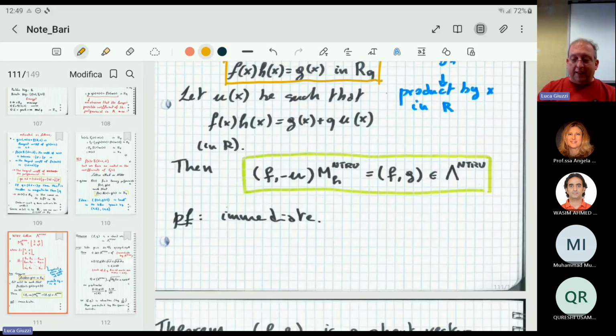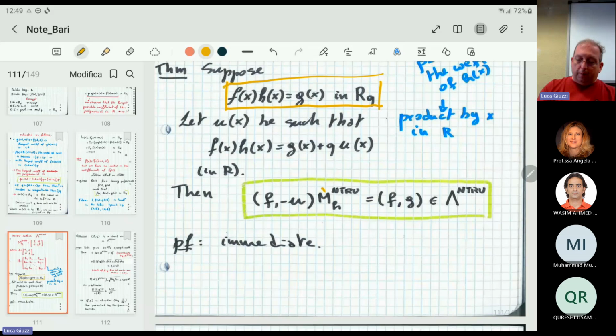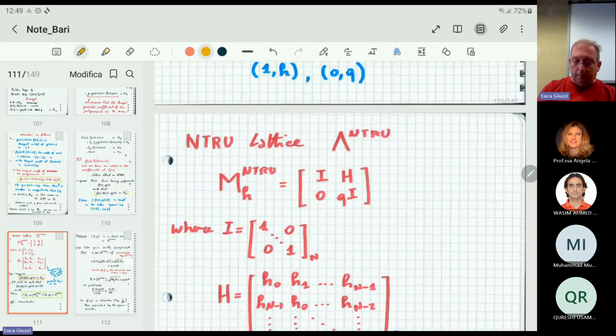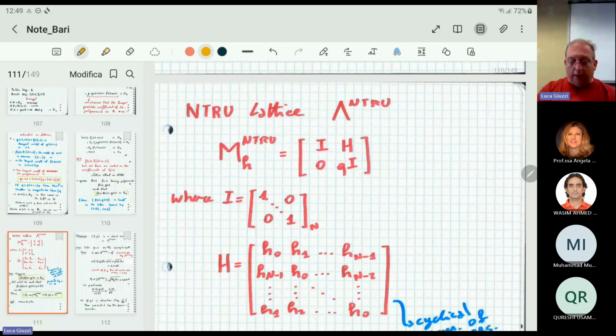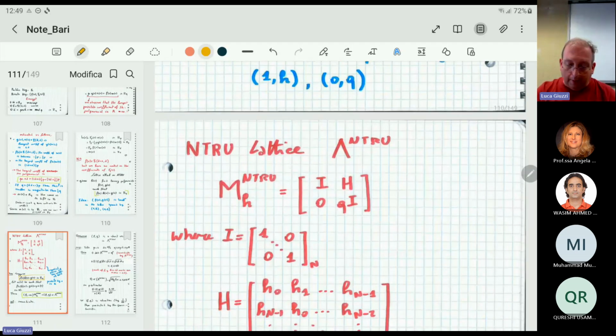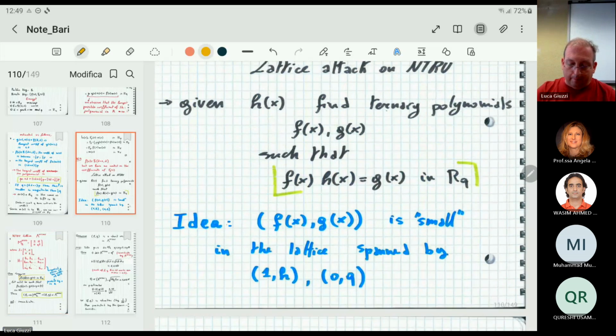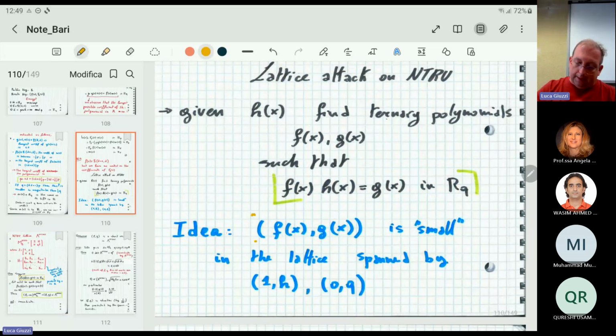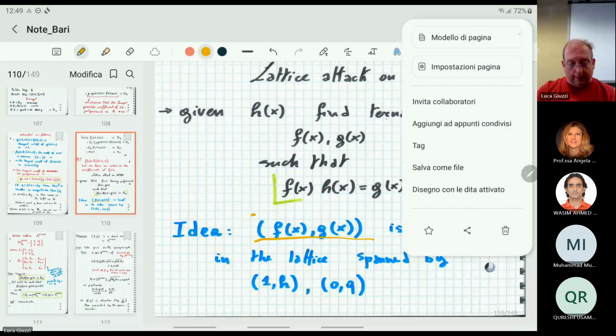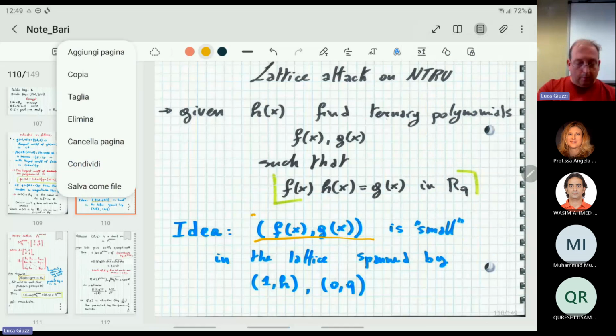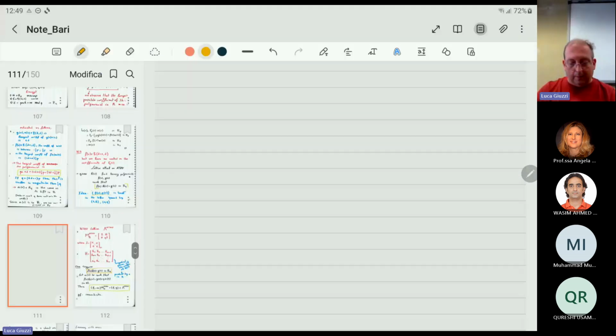And we set this up by looking for the shortest vector in a very specific kind of lattice. So f and g are unknown. Here we go. And here is how we set up the lattice. The idea is f and g are small. Let's write it down, and let's now do the computations which we need.